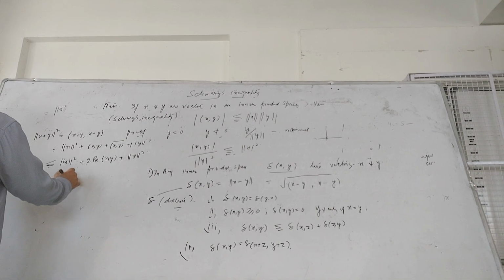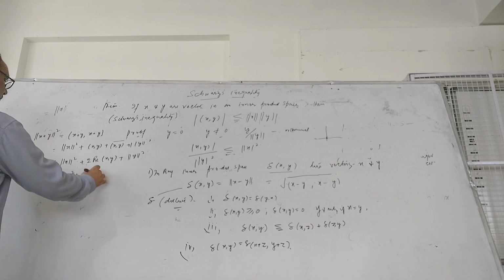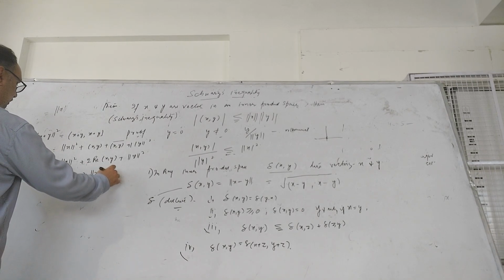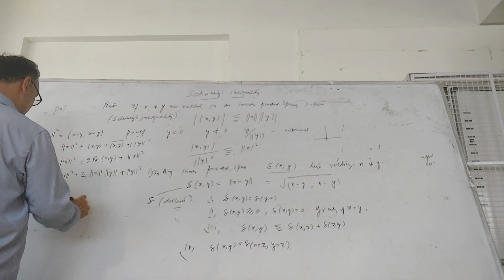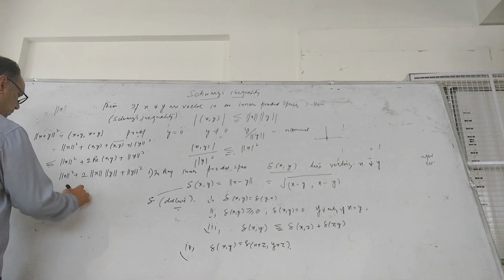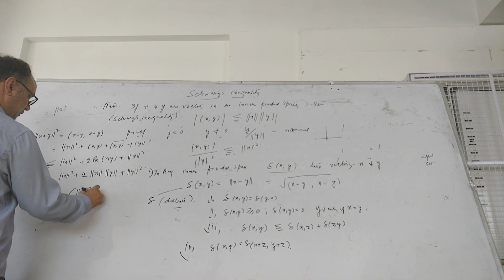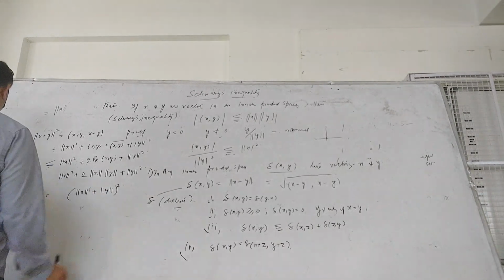Or x, y square. Or you can write it as a plus b whole square, modulus of x plus modulus of y whole square.